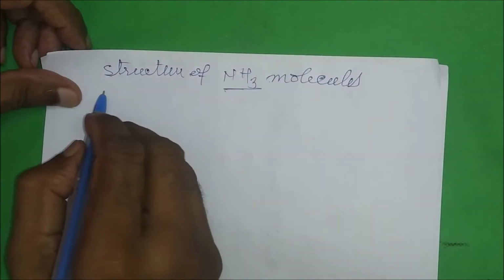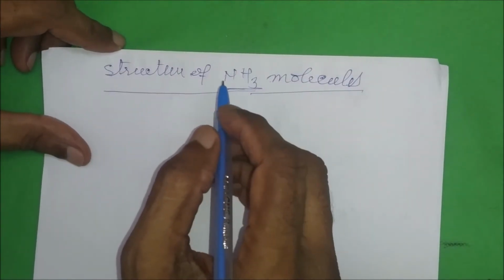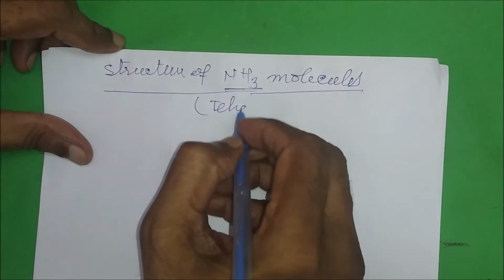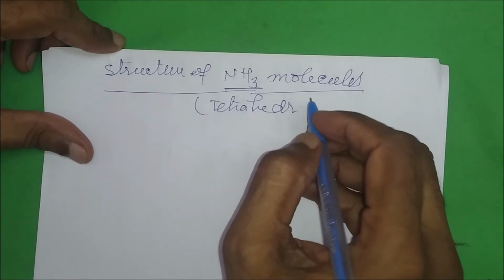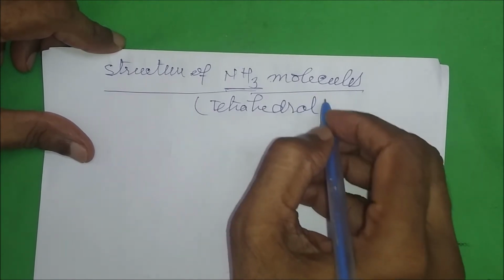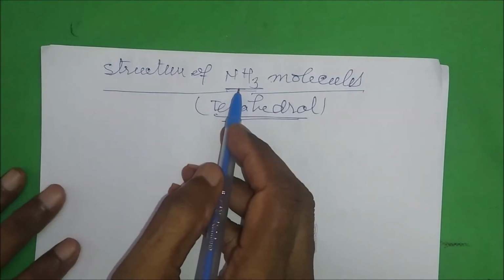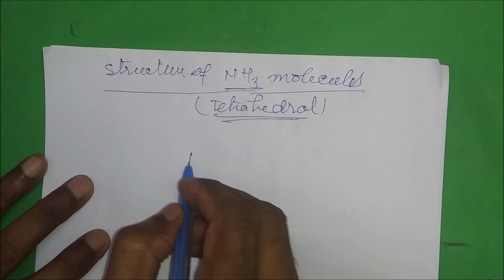So this one is what? Try to understand. This is a tetrahedron, you could say. Tetrahedron. Now, about the ammonia I'm saying.